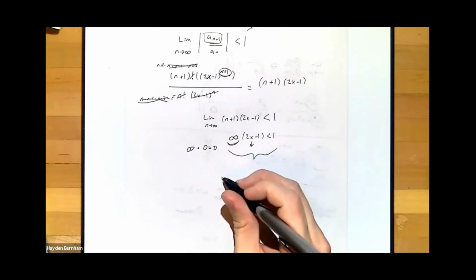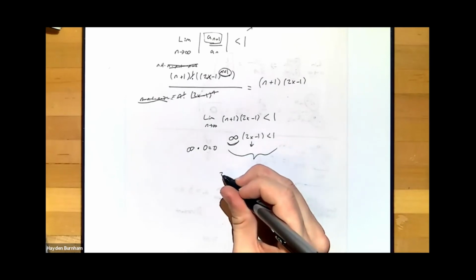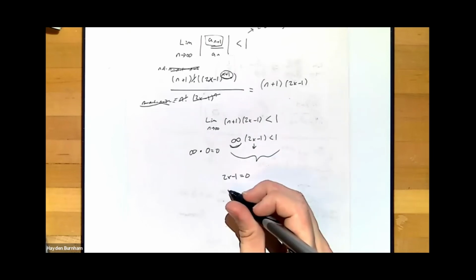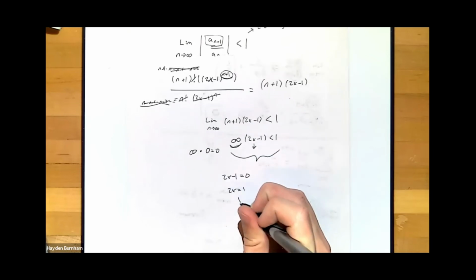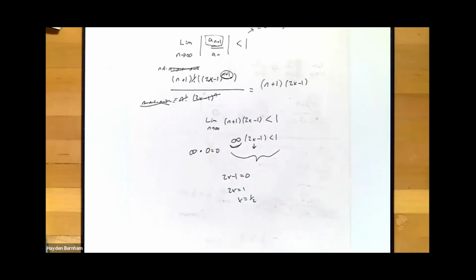So if 2x minus 1 equals 0, then 2x equals 1, so x equals 1/2.